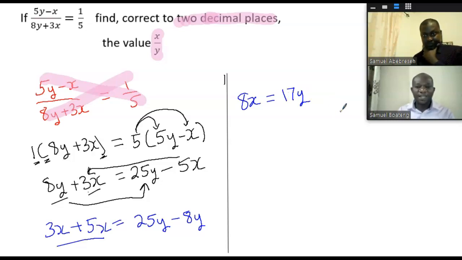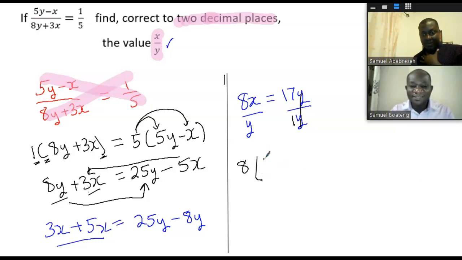Now remember, we were asked to find x on y. So first, let's divide both sides by y. On the right-hand side, y will cancel y. This way, it becomes easier to find your x on y.